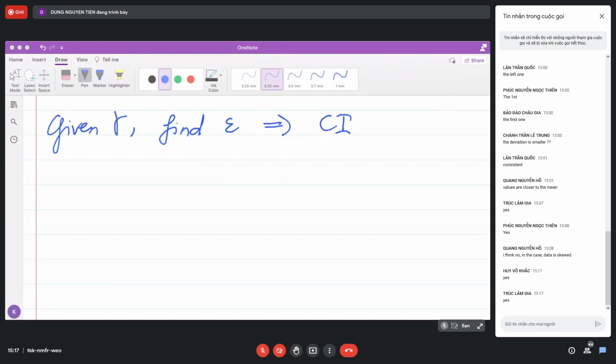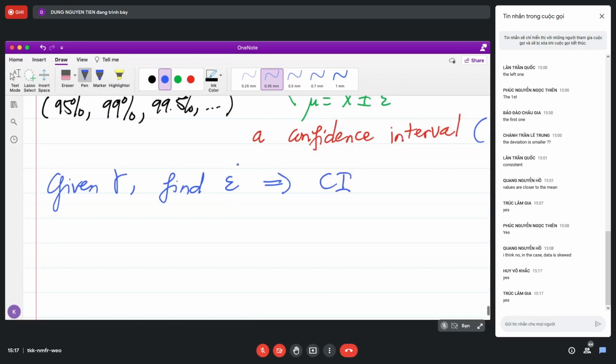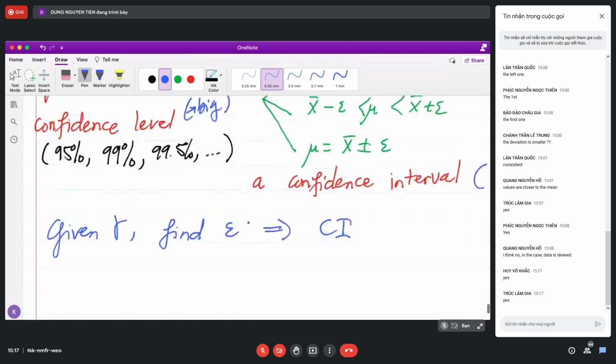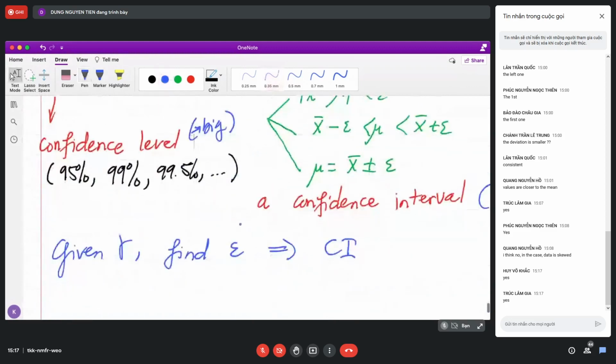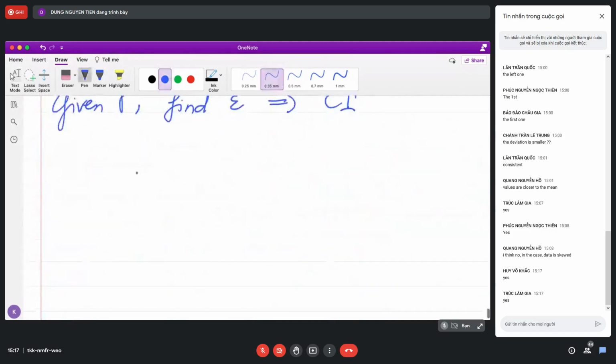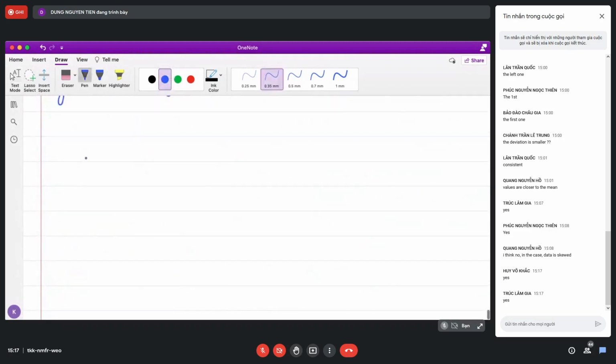And you see that the smaller the epsilon, the better the approximation. All right. Here is the outline of what we are going to learn in the chapter. Of course, we want to get a confidence interval for the mean value.